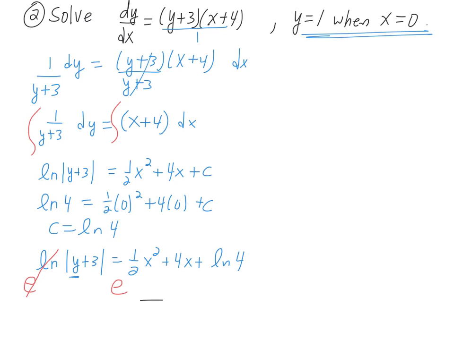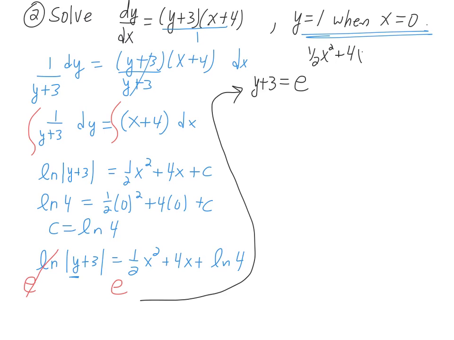And so now this is where it gets a little bit interesting. So I can now remove my absolute value symbol since the log is gone. So I have y plus 3 is equal to, I'm going to copy this over, e raised up to the 1/2 x squared plus 4x plus ln of 4.